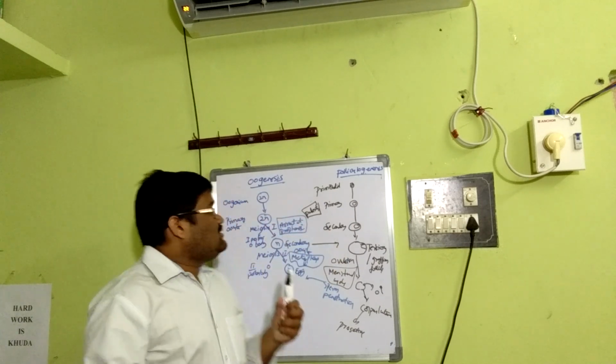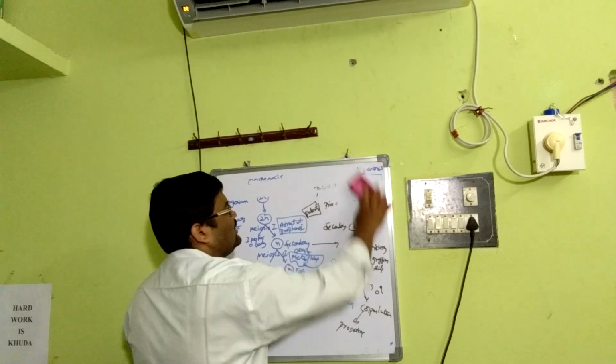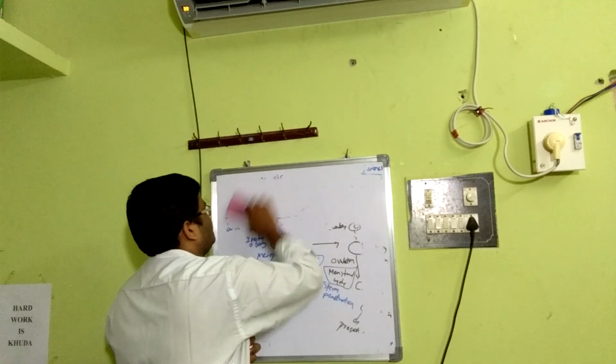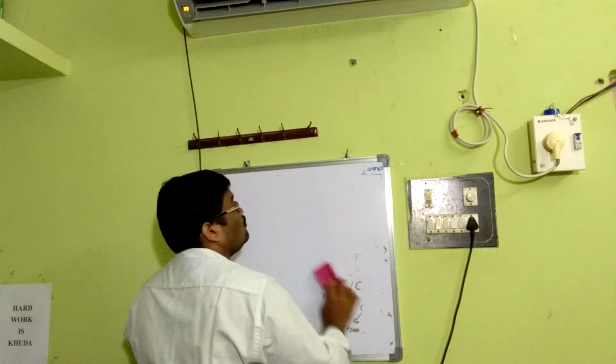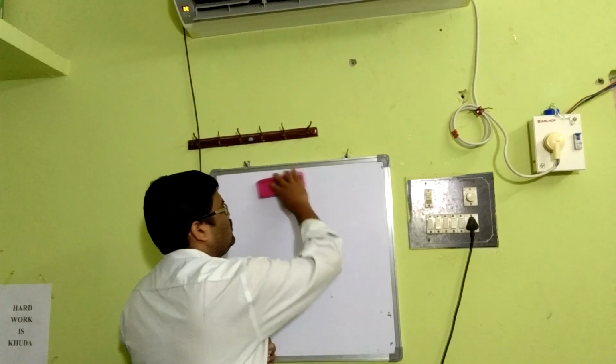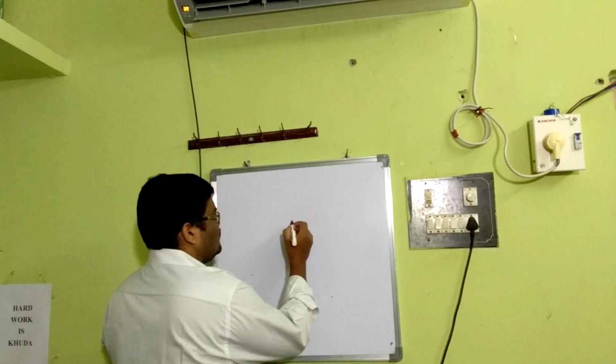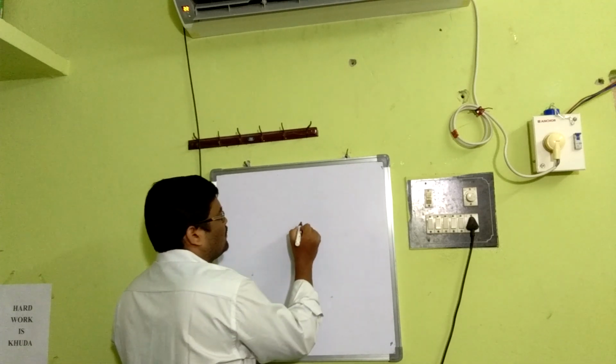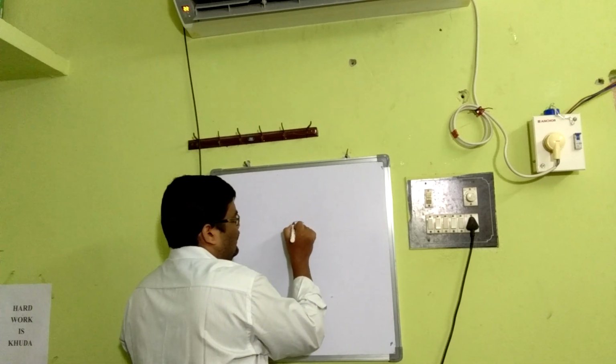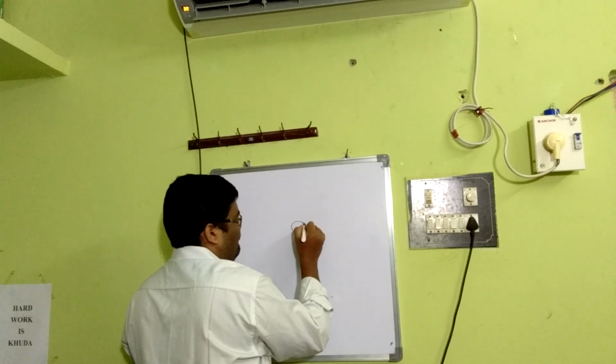Okay, let us draw a basic structure of the Graafian follicle. This is very important because most of the structures and functions are associated with it, and the hormones we have discussed are released by it. Because of lack of time, I'm drawing a rough sketch. This is the secondary oocyte.